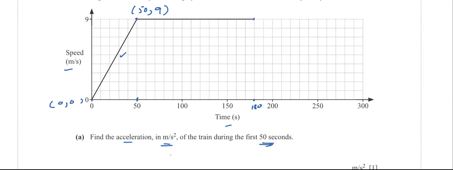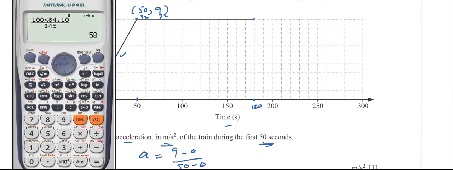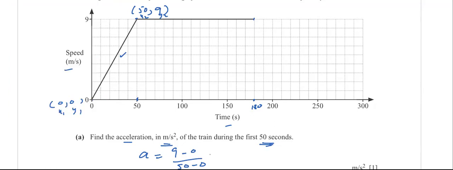So what will be the acceleration? Acceleration will be the gradient. And what is gradient? y2 minus y1 over x2 minus x1. You can say this is your x1, y1 and this is your x2, y2. That will give you 9 over 50. Let's say 9 divided by 50, that is 0.18.